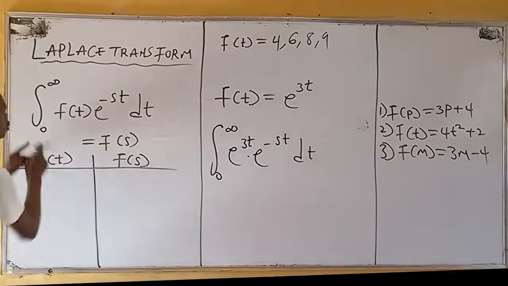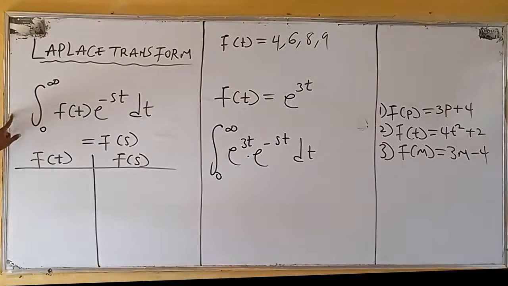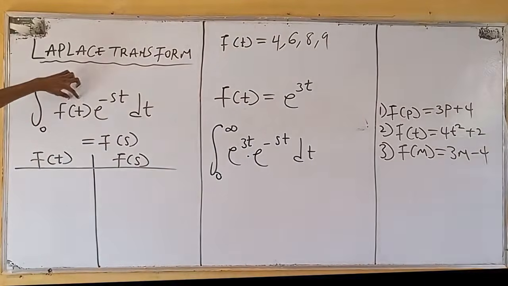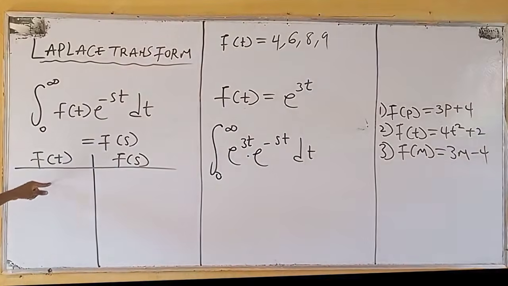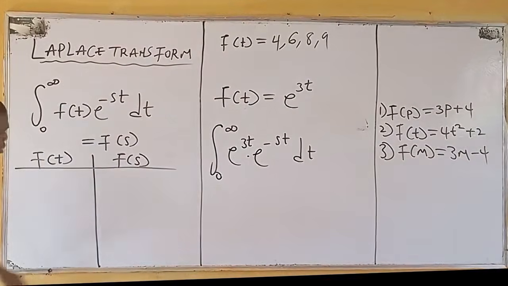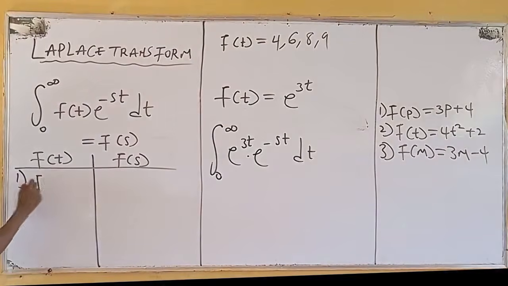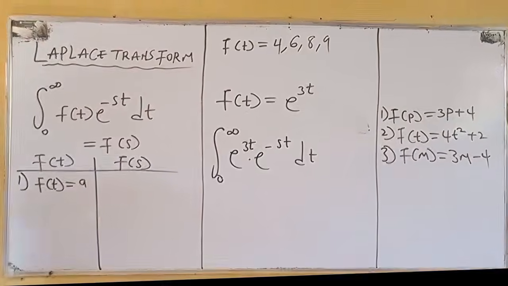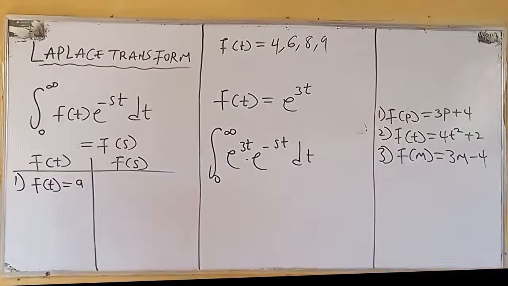And this formula says that anywhere I see f of t, I'm going to substitute the particular function I want to transform. The very first one is the transformation of a constant, when f of t is equal to a.